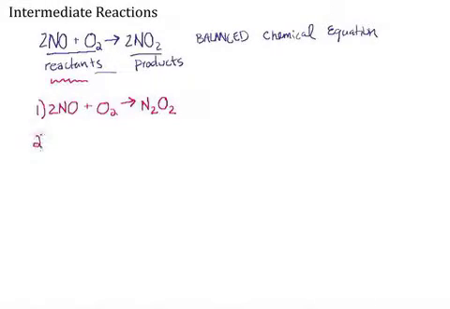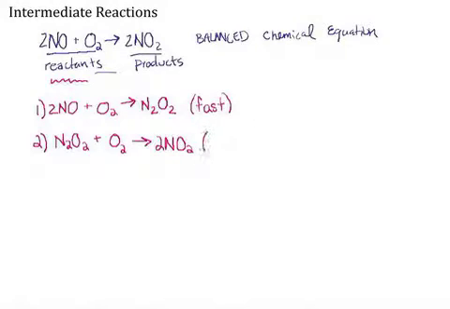Then that N2O2 combines with the remaining oxygen, and that, in fact, is what gives us our NO2, like that, right? So there's an extra wrinkle here, which is that this part of the process happens pretty quickly. This is a pretty fast reaction. On the other hand, this one's a pretty slow reaction.